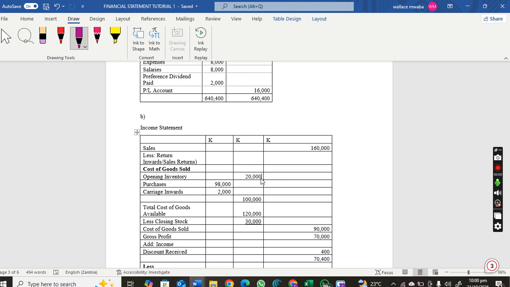Then you bring in your purchases, because that year you bought some new goods to your business. You started with goods worth 20,000, then now you've purchased goods worth 98,000. So you bring in your purchases here, 98,000.